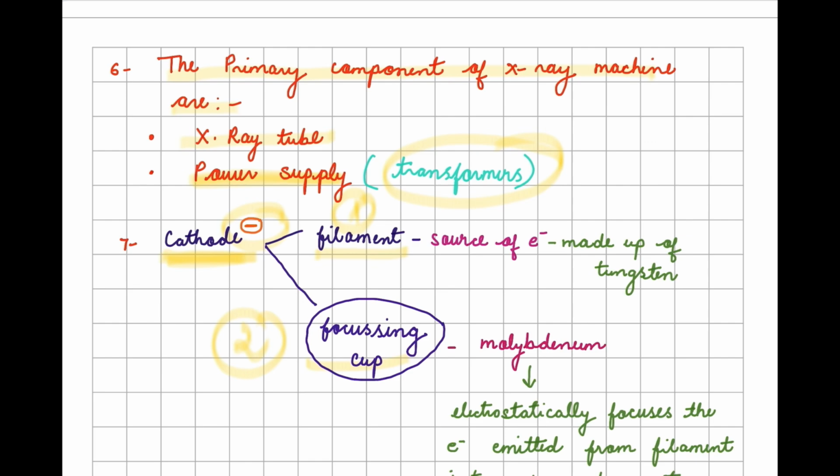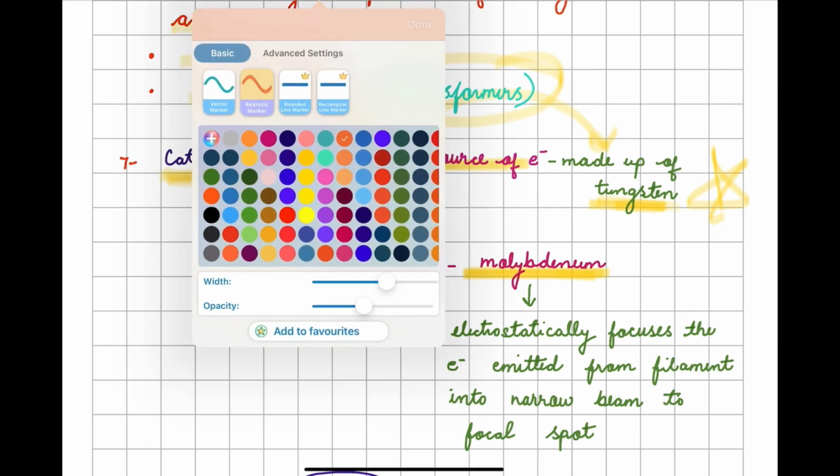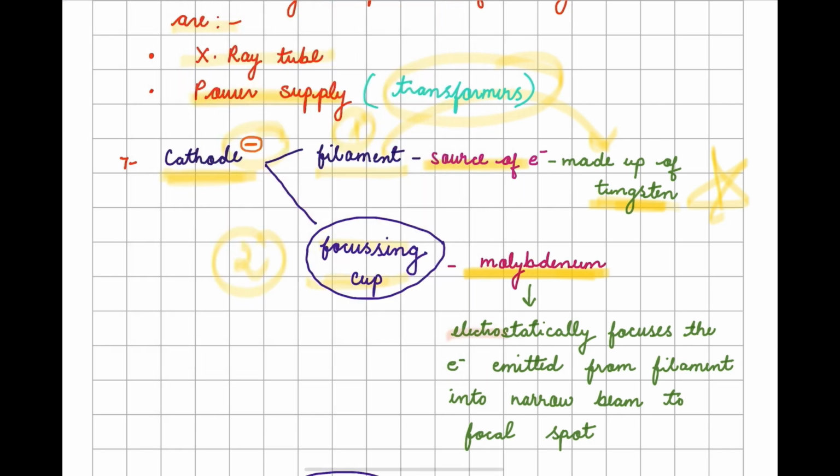Now let's see what is the function of filament. It is a source of electron and this filament is made up of tungsten, very important, star mark. Now the second part is the focusing cup. It is made up of molybdenum and its function is, it electrostatically focuses the electron which is emitted from the filament into a narrow beam to the focal spot.